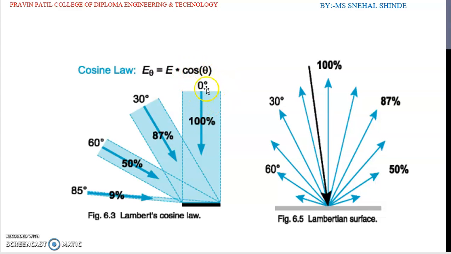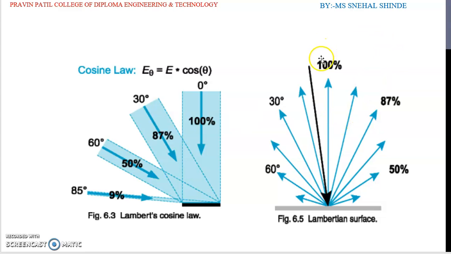From here, if the angle is 0 degree, here is the 100% illumination. As you take the angle, that is 30 degree, left hand side 60 degree, 85 degree, the illumination gets reduced. See, 87%. As you change the angle, it gets reduced.